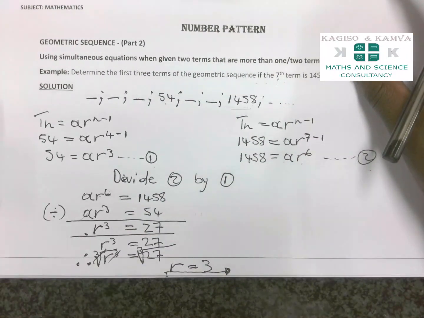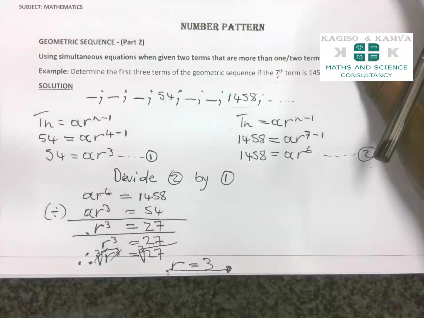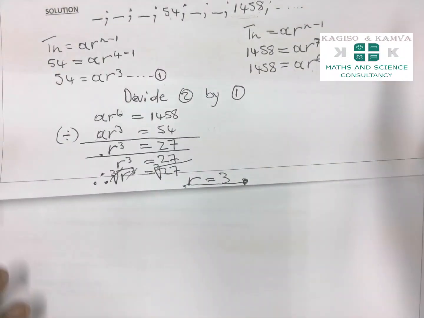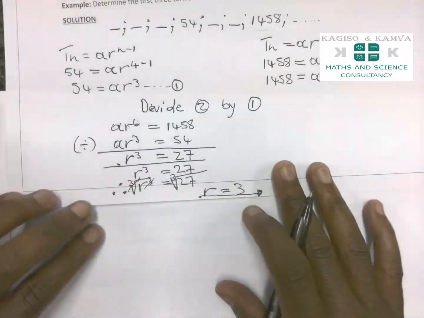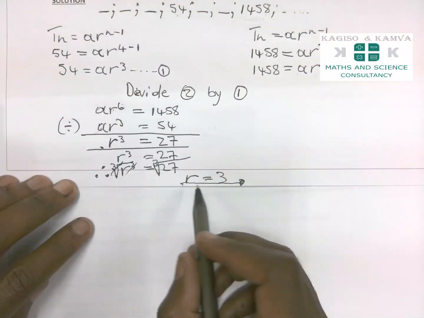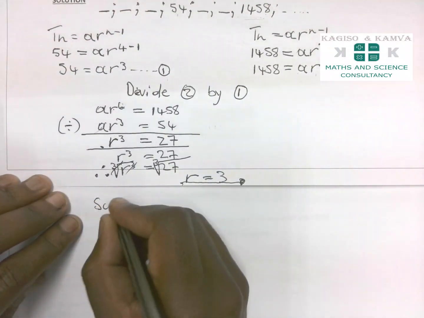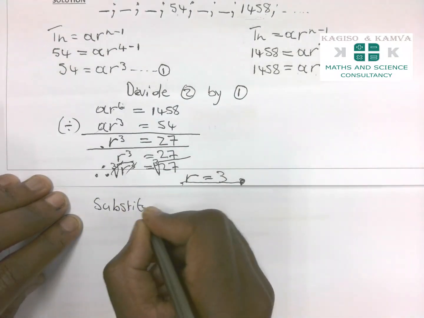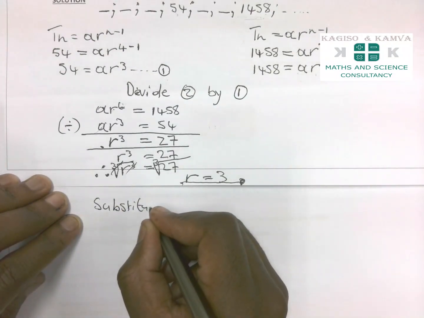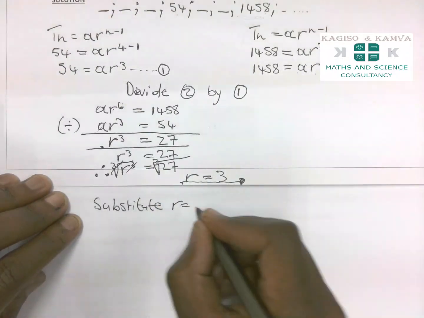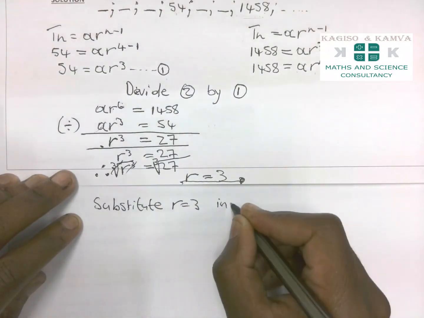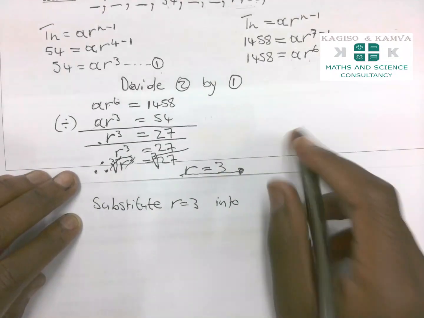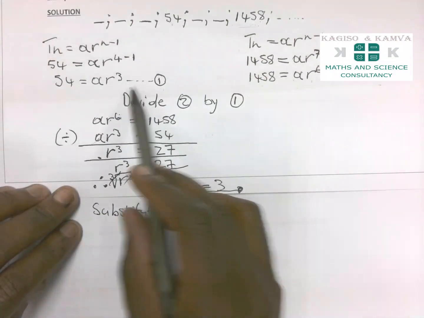So how do we get a? We substitute r equals 3 into either of the two equations.